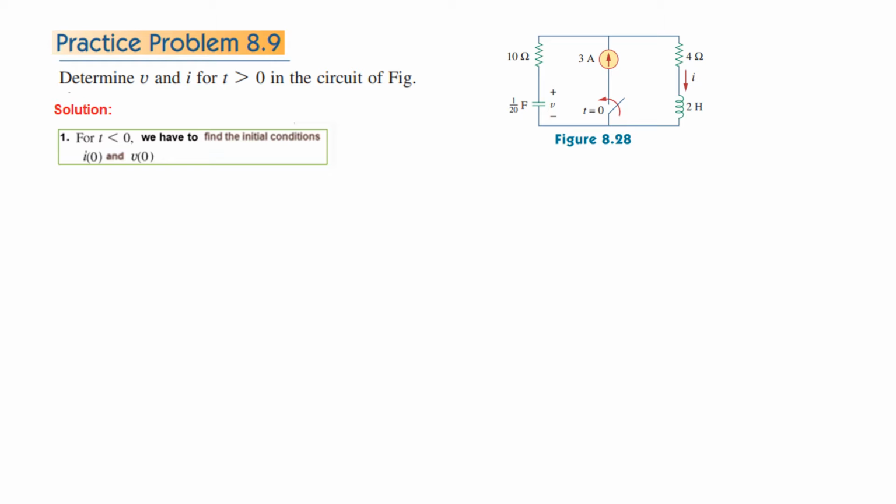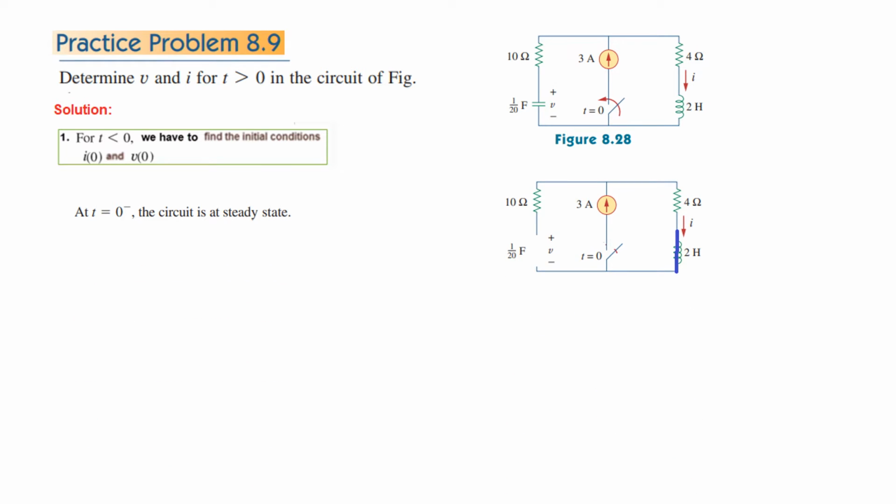For t less than 0 we have to find the initial condition. For t less than 0 the circuit was disconnected from here, and it is in a steady state. So our circuit will look like this. This is disconnected, the inductor will be shorted, and the capacitor will be an open circuit.